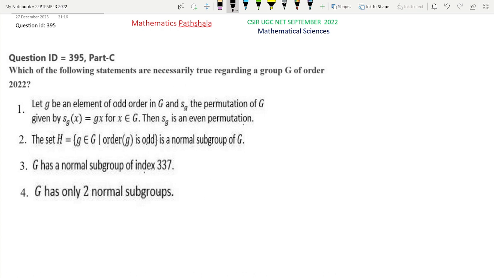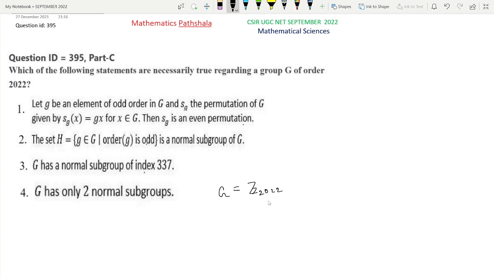So in the question, it is given only that G is a group of order 2022, and option 4 says that G has only two normal subgroups. So if we take G equal to the cyclic group of order 2022, that is Z_2022.